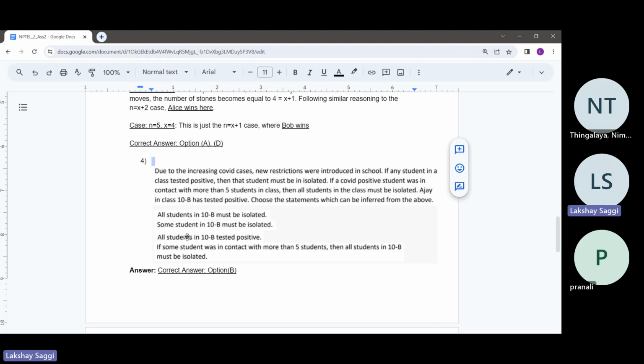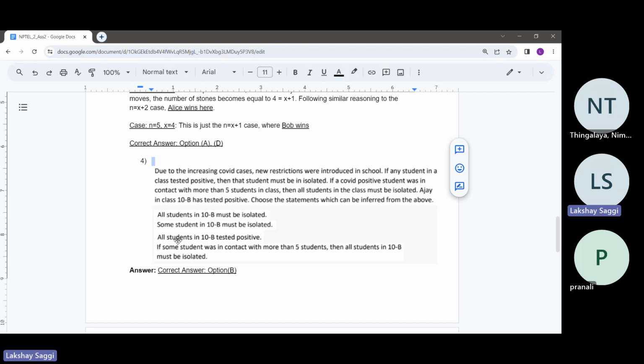Here, the language is a bit different. Here again, some student was in contact. We don't know which student, but if some student was in contact, then all students must be isolated. Here, we know for sure that Ajay was isolated, so we could have replaced this "some student" by Ajay.